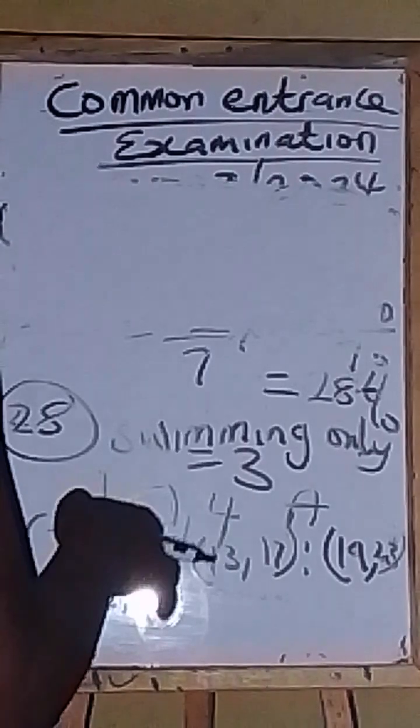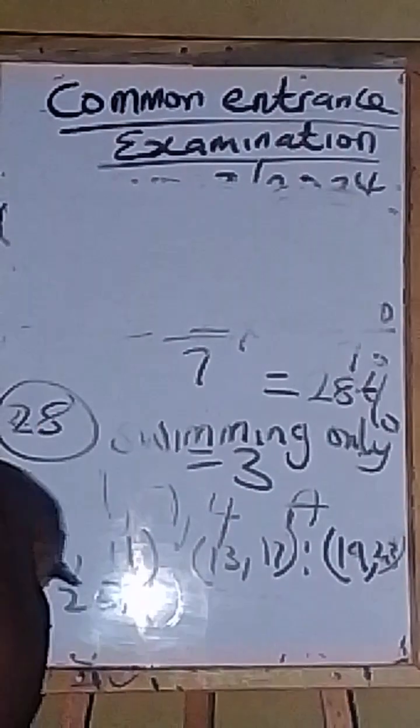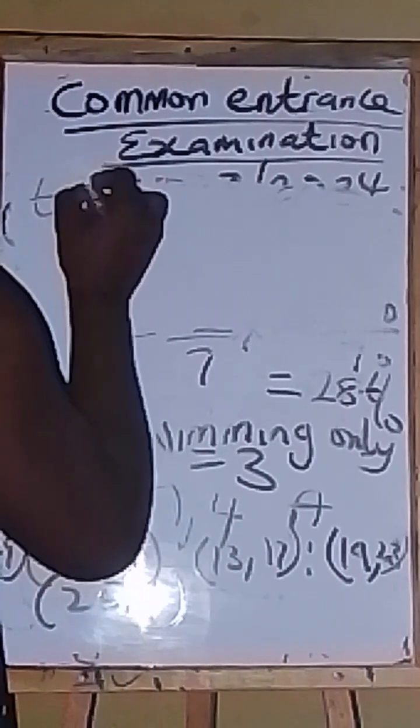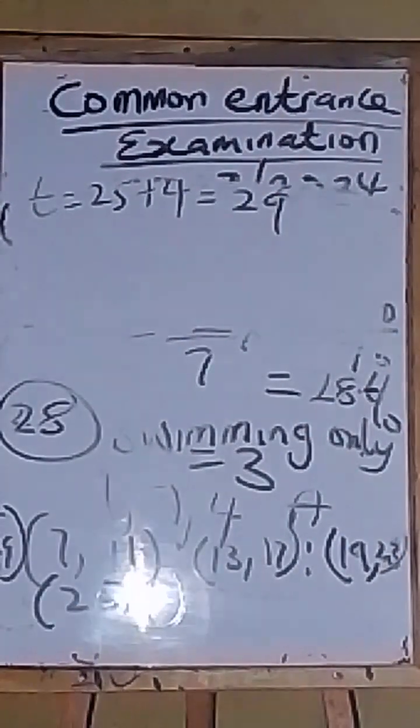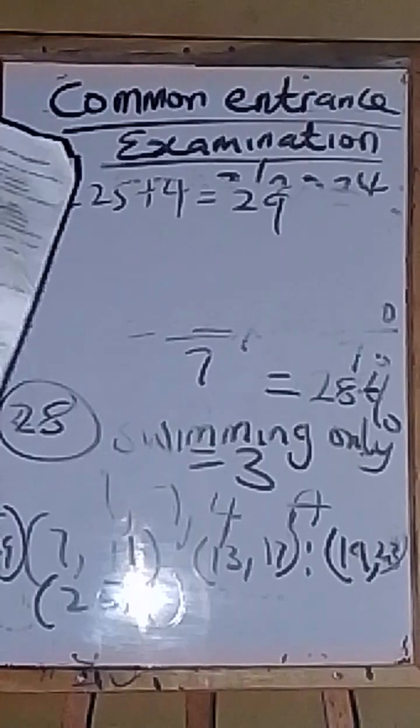The difference here is 4. Definitely our C will be 25 plus 4, and that's going to give us 29.